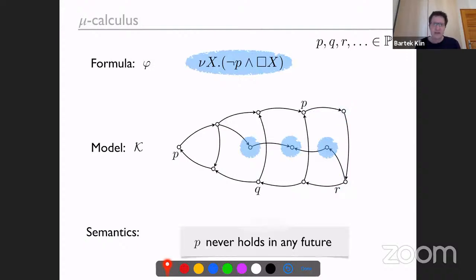P never holds in any future. Okay. And this is the end of the presentation of the μ-Calculus, its syntax and semantics, by example. I will give a more formal definition later when I speak about μ-Calculus with atoms. I just don't want to give the same definition twice formally. Okay, I hope this is clear.